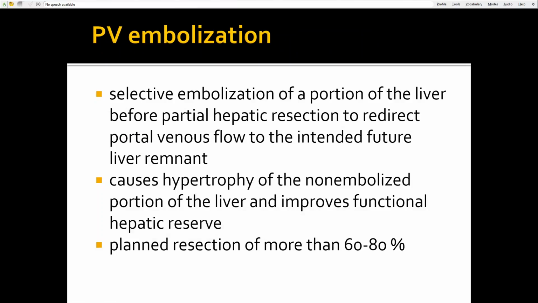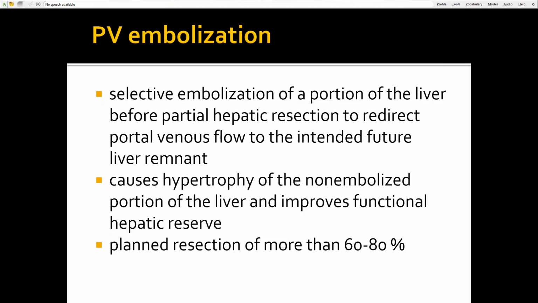So one last thing before we go into individual tumors themselves is something that we occasionally do. It depends on your center. I'm not doing these too often in the community hospitals, but you might be called to do a portal vein embolization. In general, this is an interesting procedure where you embolize a portion of the liver before hepatectomy.